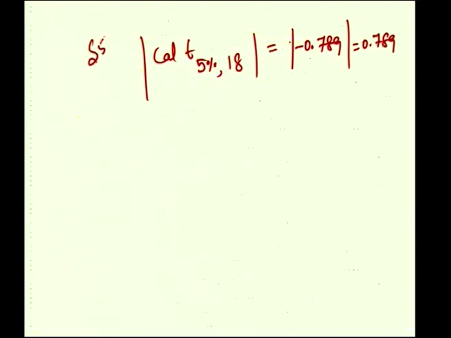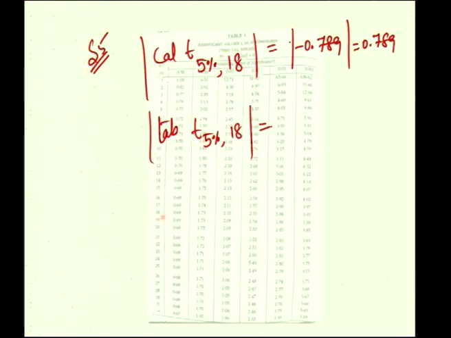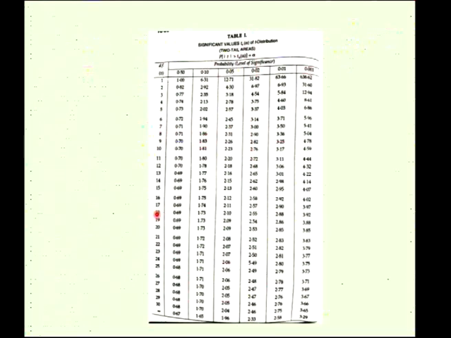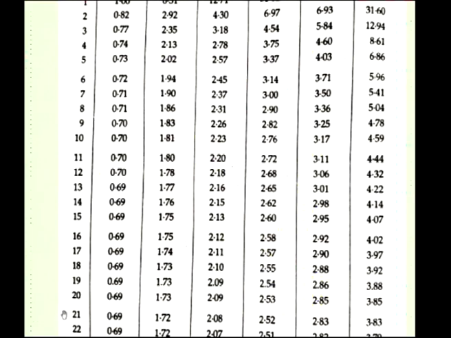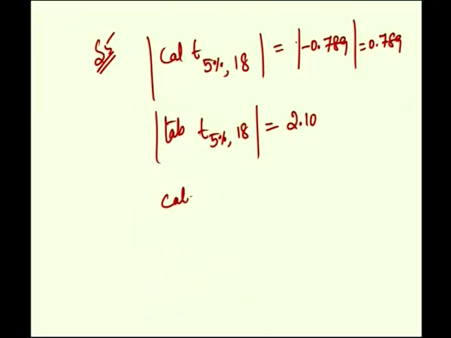We are actually in step 5, the conclusion step. So, tabulated T at 5%, 18 degrees of freedom. You have to refer from the tables, 18 degrees of freedom at 5%, this particular value is 2.10. Calculated value is much lesser than tabulated value, therefore, H naught is accepted.